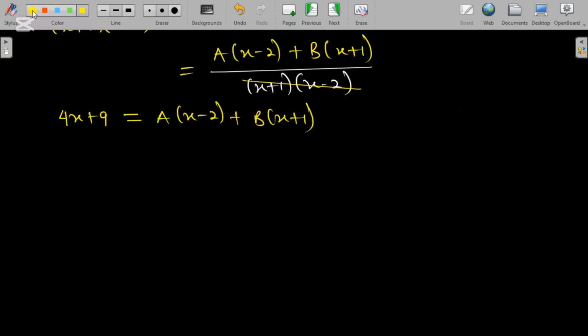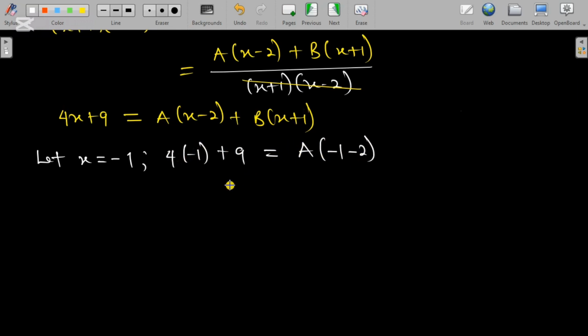Remember, there is an approach we use where we eliminate one of the variables here. So we can say let's eliminate b. To eliminate b, we'll make x equal to minus 1, so that here will turn to 0. So if we let our x be equal to minus 1, that will give us 4 into minus 1 plus 9 equal to a into minus 1 minus 2.